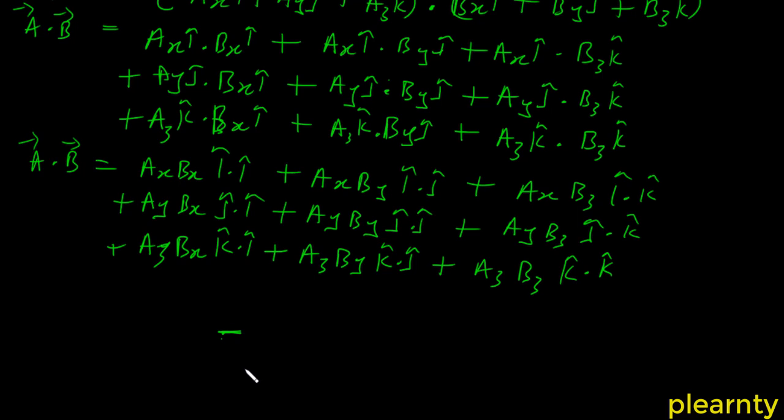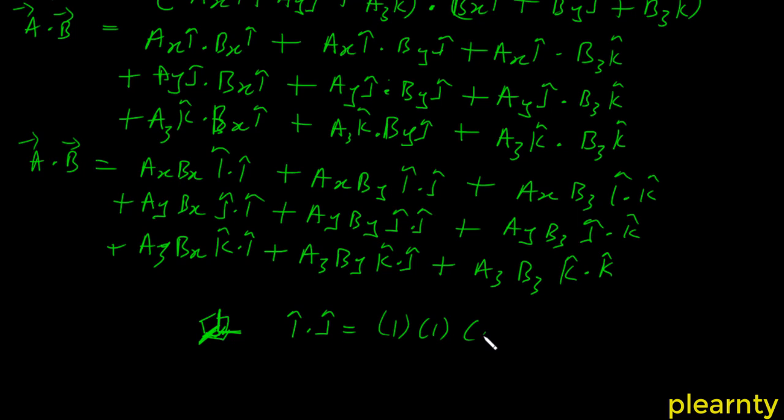Now remember that when you have i, it means any vector that has magnitude of 1 in the plus x axis. When you have j, it means any vector that has the magnitude of 1 in the plus y axis, and k, magnitude of 1 in the plus z axis. All these axes are 90 degrees to each other. So when you have i dot j, it means the magnitude of this is 1, this is also 1, so it will be magnitude of i, magnitude of j, cos the theta between them.